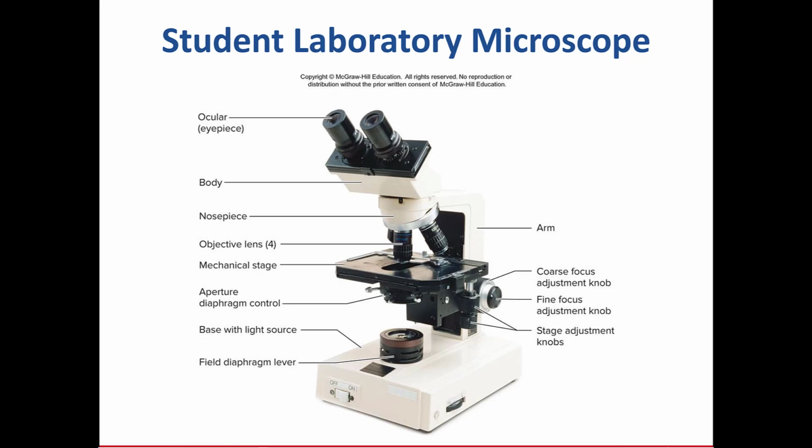And all that does, these knobs move the stage up and down. So these manipulators move it side to side, X and Y direction, and then the stage manipulators, as far as focus, it goes up and down. And I'll just tell you, as you go up in magnification and use the more powerful lenses, the less you want to move on the fine focus.